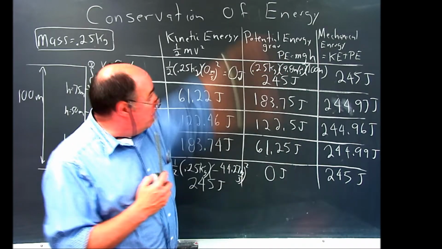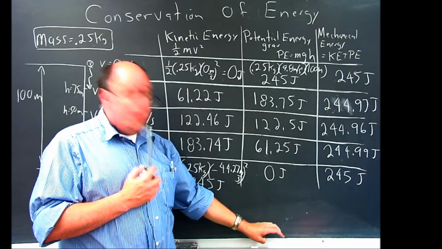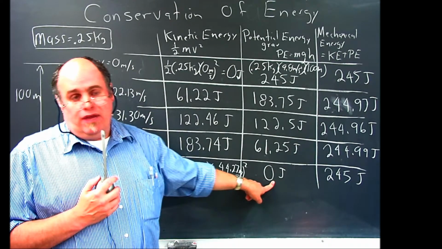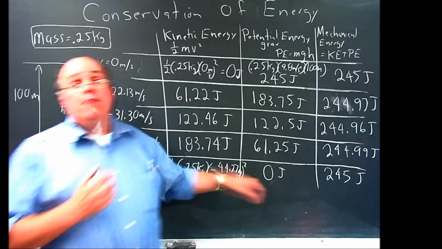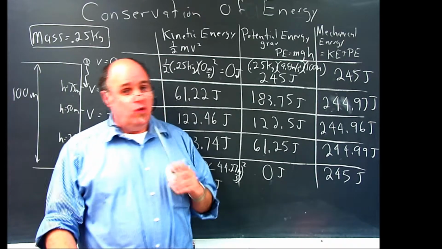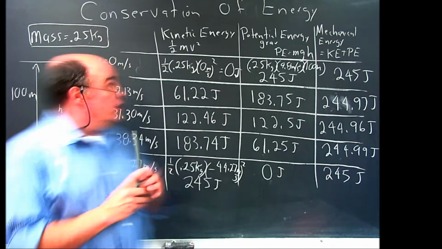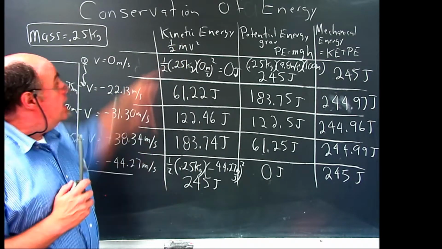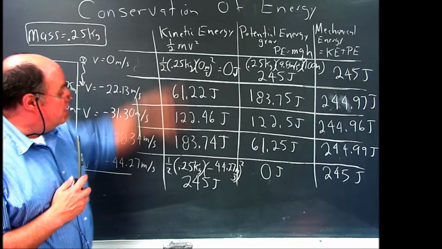The ball was very high up off the ground, and when the ball hit the ground, it was no longer above the ground, so it had no gravitational potential energy. But all of that energy didn't just disappear and vaporize. It was transformed into another type of energy called kinetic energy. Okay? So there's a give and take. As one energy goes down, the potential energy went down, the kinetic energy numbers went up.